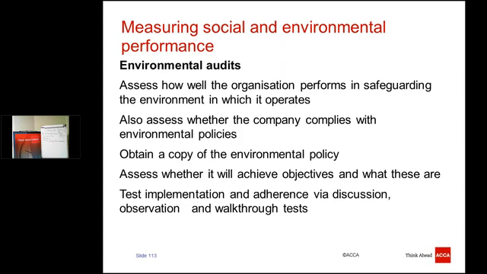Also assess whether the company complies with environmental policies. Obtain a copy of the environmental policy, for example, and it says that you're not going to have more than 2 liters per liter of carbonated drink as your water usage ratio. Assess whether it will achieve objectives and what these are, and test implementation and adherence via discussion, observation, and walkthrough tests. So you want to walk through, you want to physically inspect the premises to find out that.